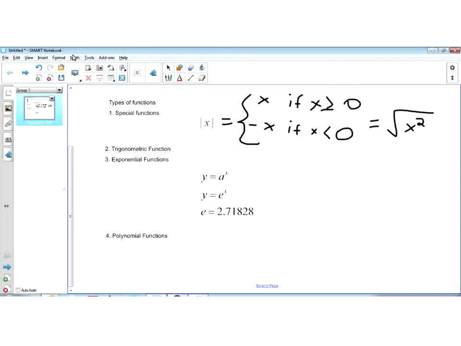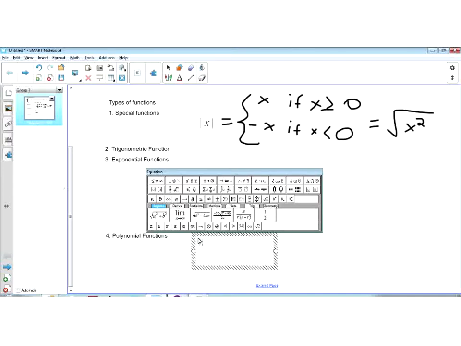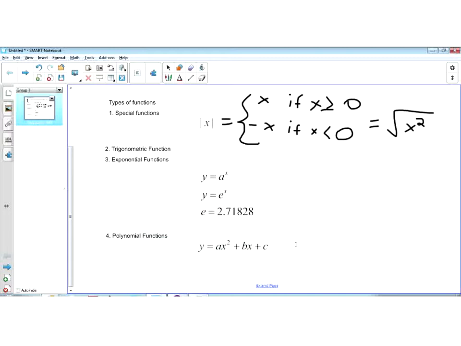So quadratic function. y is equal to what? ax squared plus bx plus c. Okay, so this would be an example of a quadratic equation. Okay, so the quadratic equation. The quadratic is in fact a special case of a polynomial function.